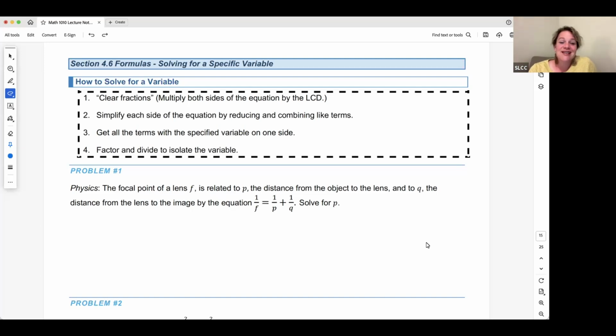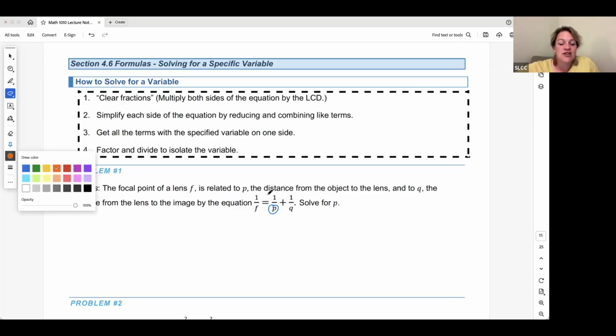Problem number 1. This comes from physics. The focal point of a lens F is related to P, the distance from the object to the lens, and to Q, the distance from the lens to the image, by the equation 1 over F equals 1 over P plus 1 over Q. Now, let's solve for P. I notice there's just one P right there in the denominator, and we're adding, and it just seems really messy.